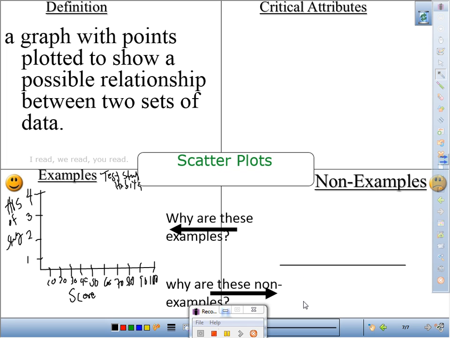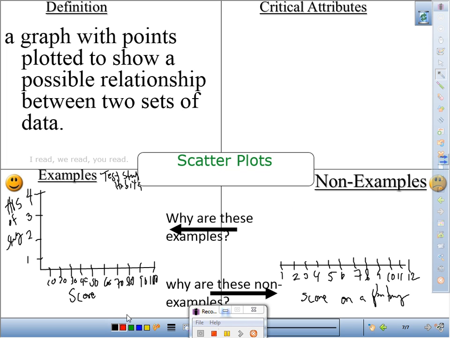Oh, score on a partay. 1, 2, 3, 4, 5, 6, 7, 8, 9, 10, 11, 12. And you fill out the dot plot for that.